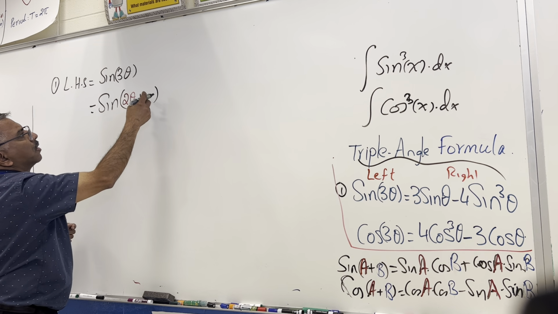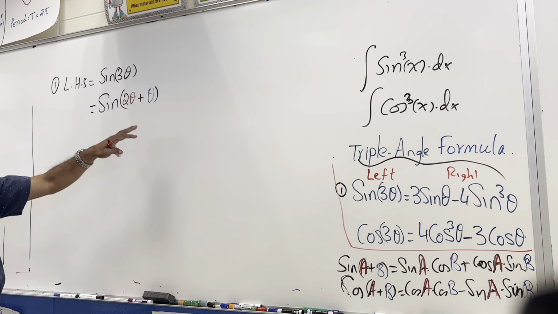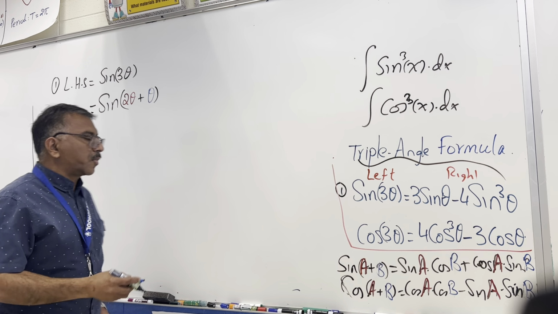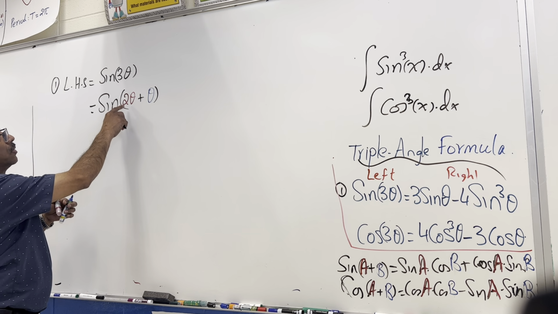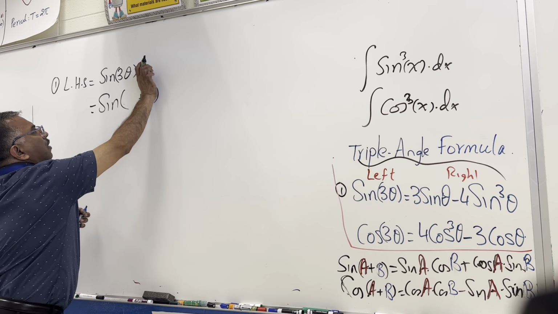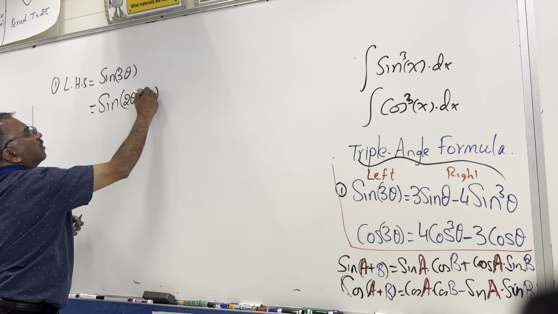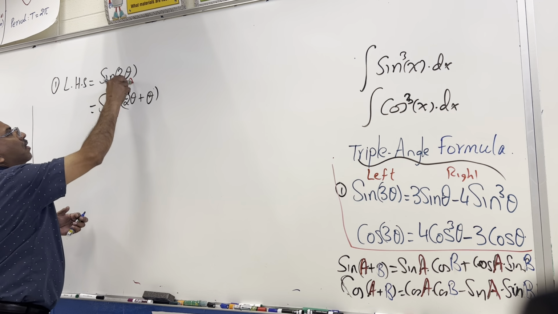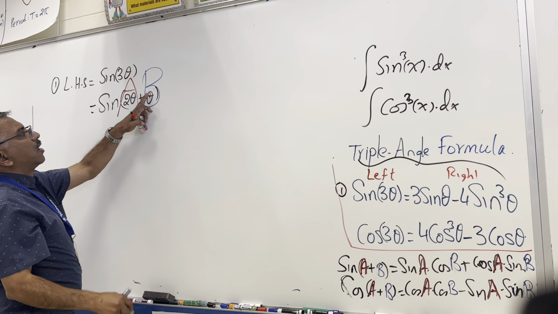So if you compare this with the formula, let's write it in black. This is 2 theta, this is theta. So this is the A, and this is the B. So B stands for theta.